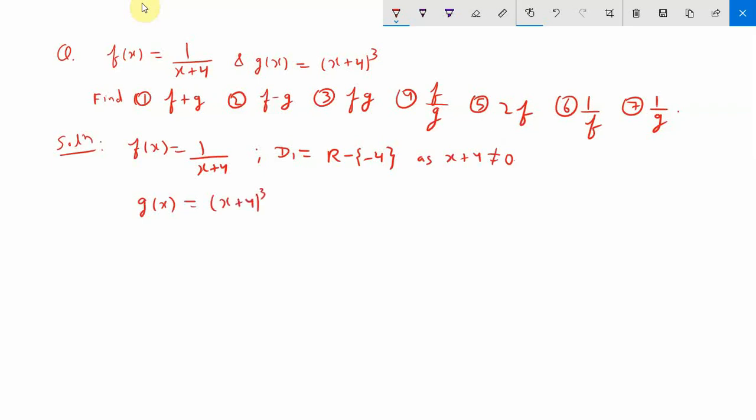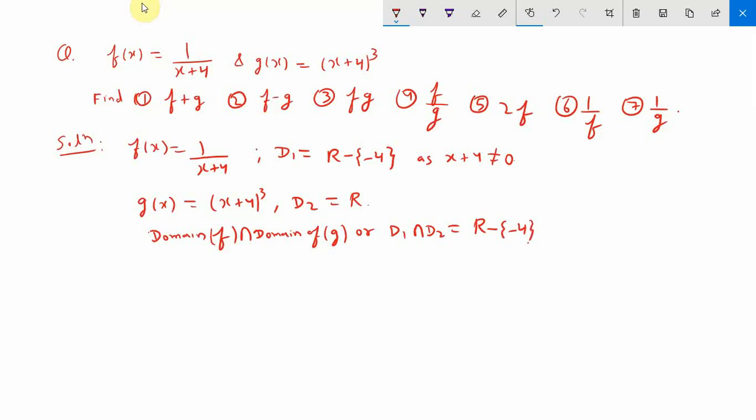So we can clearly see domain of g(x) will be all real numbers. Okay. So for all the operations, we can see domain of f intersection domain of g, or D1 intersection D2, will be equal to R minus {minus 4}.